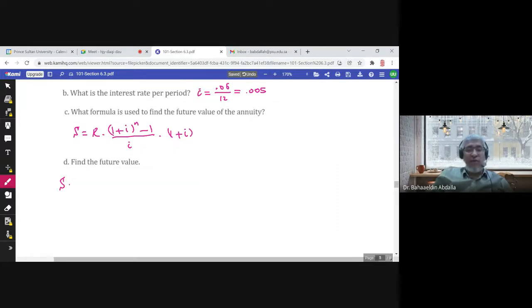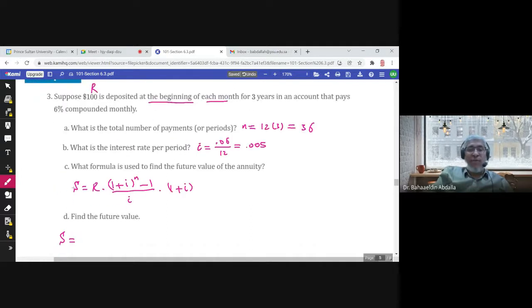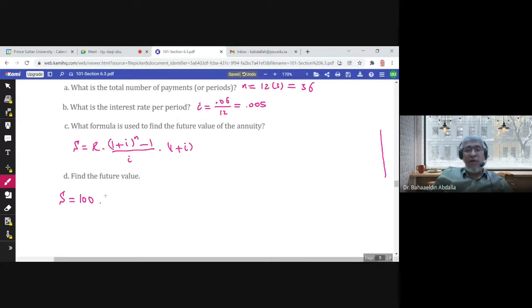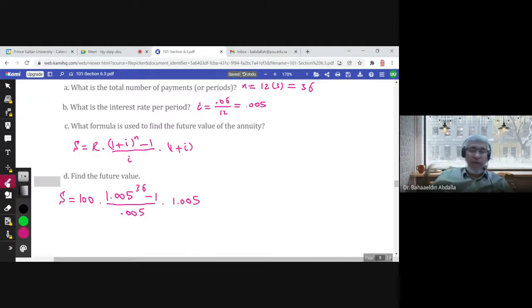Find the future value. Well, S would be: the deposit is $100, i is 0.005. So this is 1 plus i to the power n, which is 36, minus 1, over i, times 1.005, which is 1 plus i.